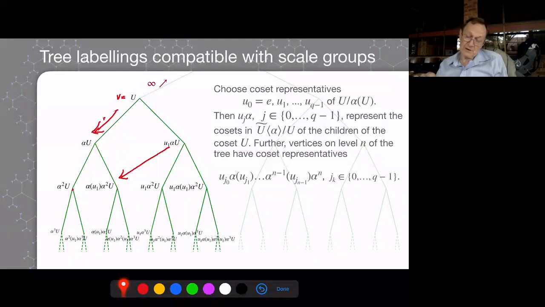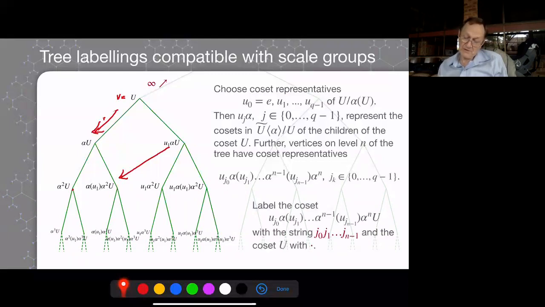Now, we can abbreviate this a little bit. Instead of taking this coset representative, we'll just abbreviate this by the string j0 up to jn-1. So these are the subscripts on the coset representatives here. So we can now associate a string in the set 0 up to q-1 with each vertex.